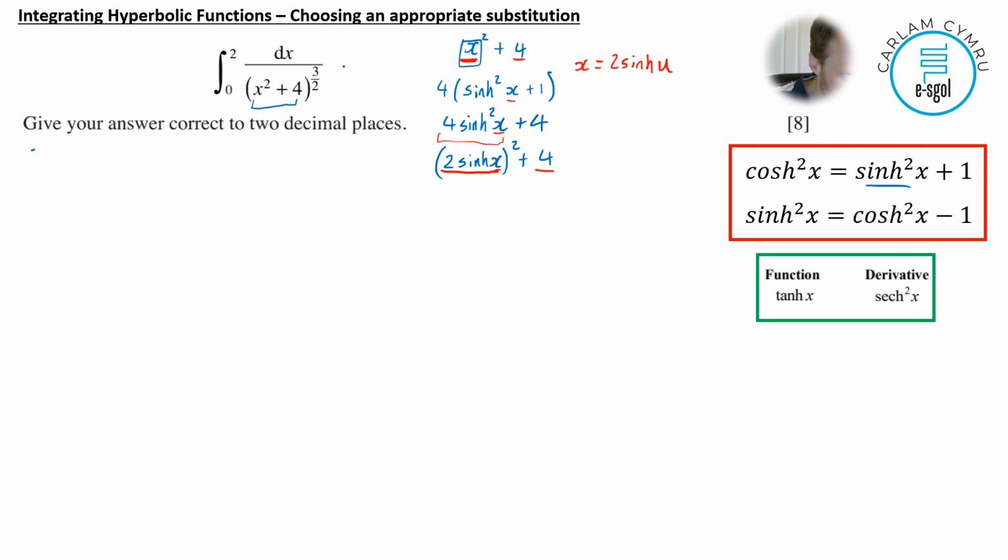So that's what I'm going to have a go at using. I'm going to rewrite it over here. So x equals 2 sinh u. We are going to want to differentiate this. So dx over du gives us 2 cosh u.